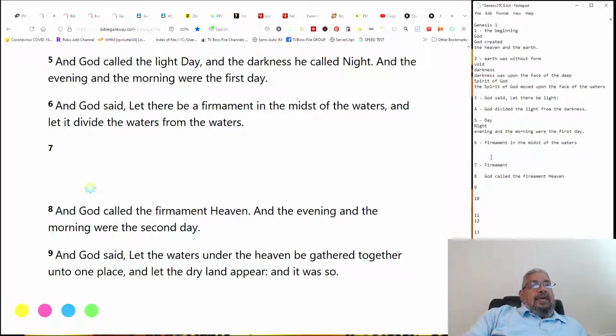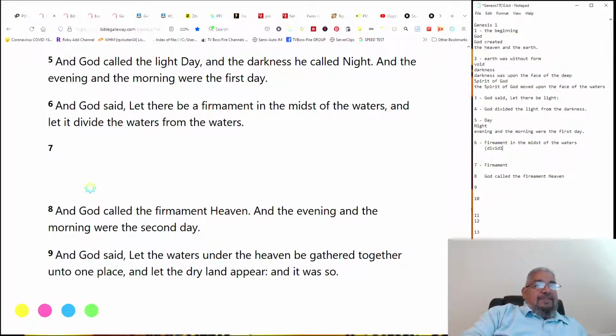Okay. And verse 6 has the firmament in the midst of the waters. And I'll put in parentheses, for your sake that you're watching, that it is dividing.